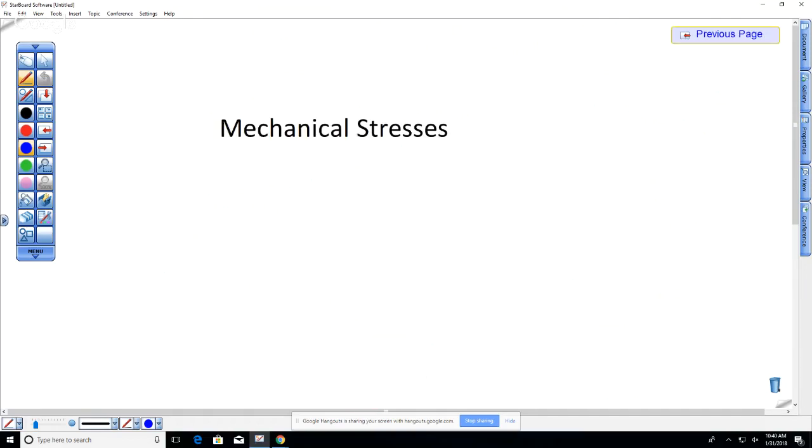Okay, so some things that affect your bone structure would be the mechanical stresses. And there is a law, and I guess this is in physiology, called Wolff's Law. And this is that the structure of the bone is directly influenced by the forces that are applied to it.